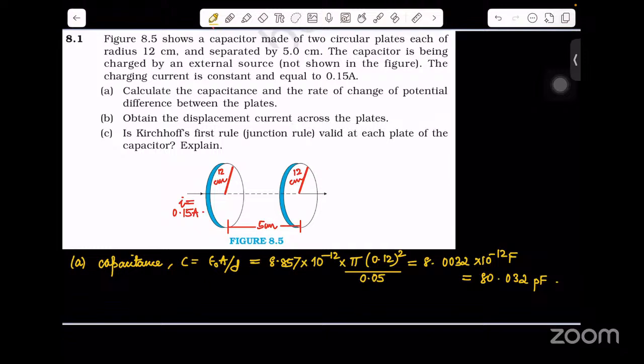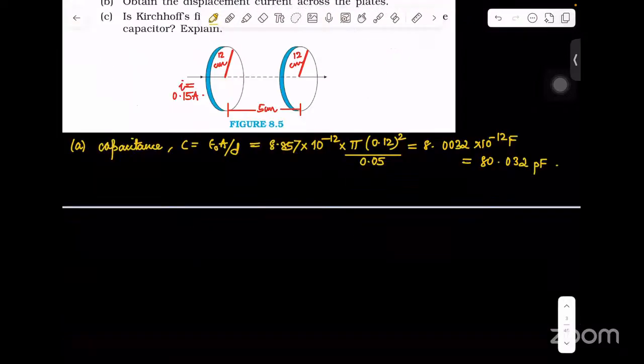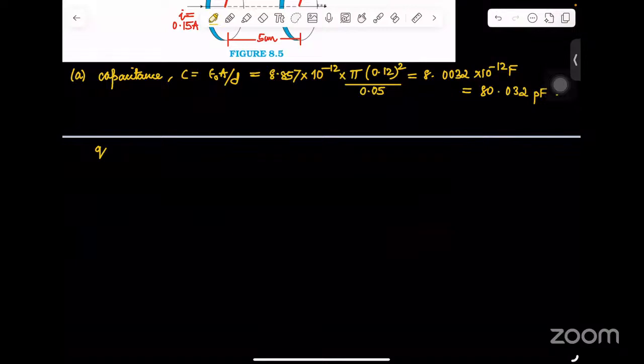And then we need to find the rate of change of potential difference between the plates. The charge Q on each plate of a parallel plate capacitor is given as Q equals CV, right? Everyone knows this equation, where V is the potential difference across the plates.